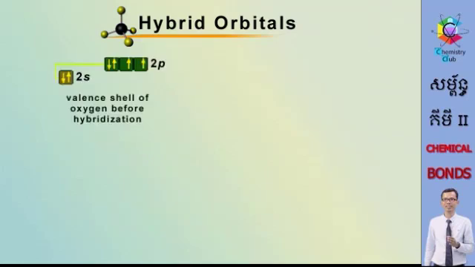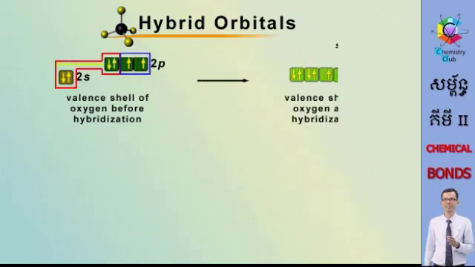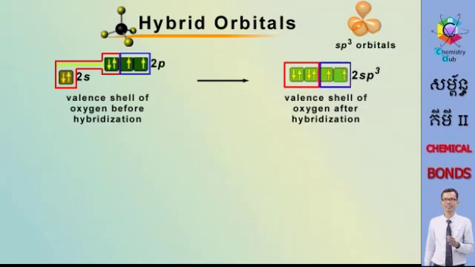Atoms with lone pairs can also undergo hybridization. Take a look at the valence shell of the oxygen atom prior to bonding in a water molecule. Notice that the 2s and 1 of the 2p orbitals are filled, and the other 2p orbitals are half-filled. When the atom hybridizes, there are now 4 sp3 orbitals, 2 filled and 2 half-filled.